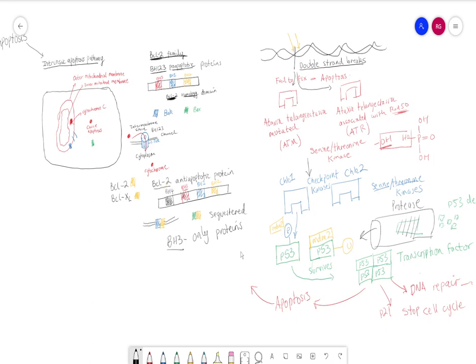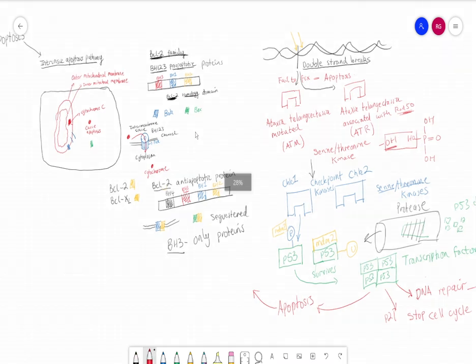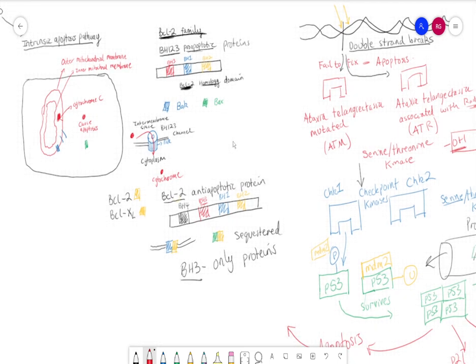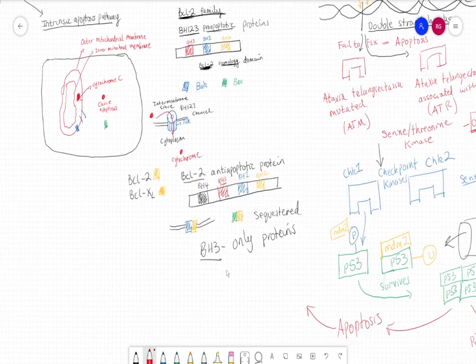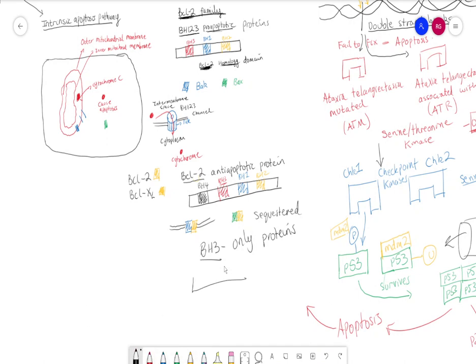So it's the same one as in red. And of course, that's going to belong to the BCL2 family of proteins. And they're called BH3-only proteins. Why? Because they only contain a BH3 domain. So they don't contain any of the other BH domains. The only domain they share with your BCL2 anti-apoptotic protein is your BH3 domain.